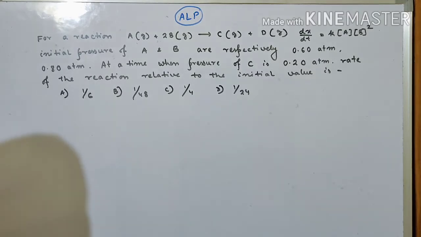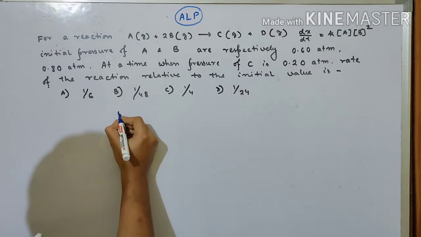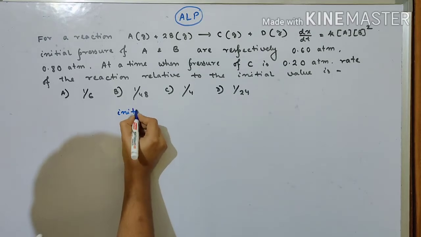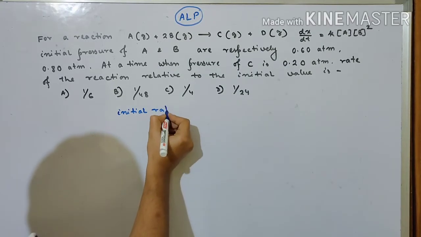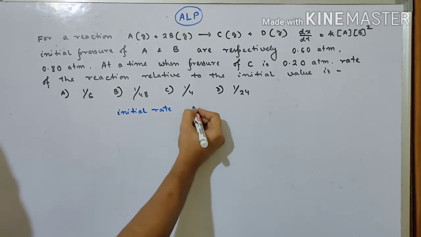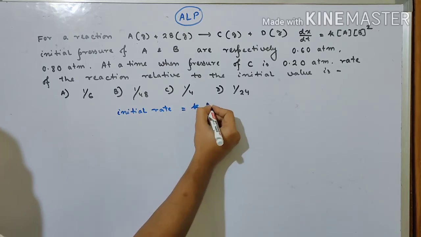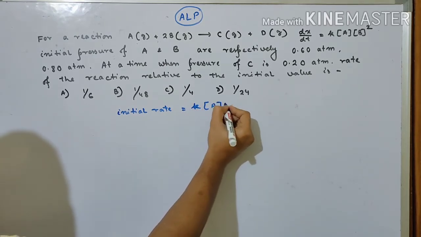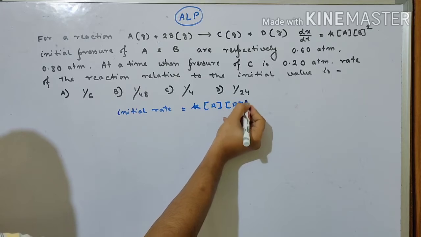So I am writing down the initial rate. This value is given already, K into A into B square.